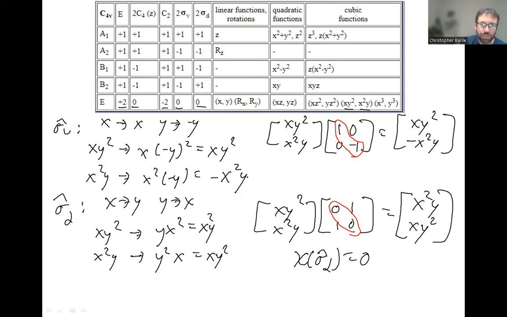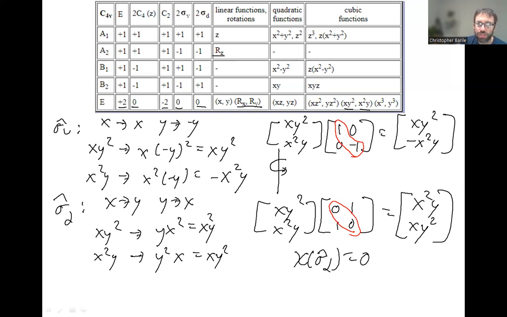The only one that we didn't do in this video was the rotation vectors. I showed how to do RZ in a previous video when we derived the C4v character table. RZ is a rotation vector that's wrapping across the z-axis, so the principal rotation axis, that C4 axis.